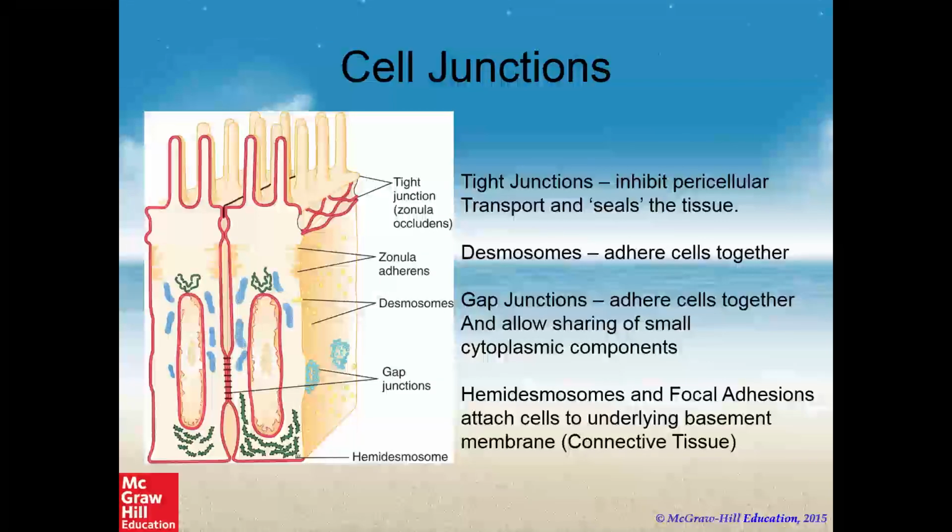But you'll find these tight junctions in places that are associated with a mucosal membrane, right? Because you don't want water leaking across membranes. Desmosomes are interesting. If you know what a rivet is, they're basically rivets.